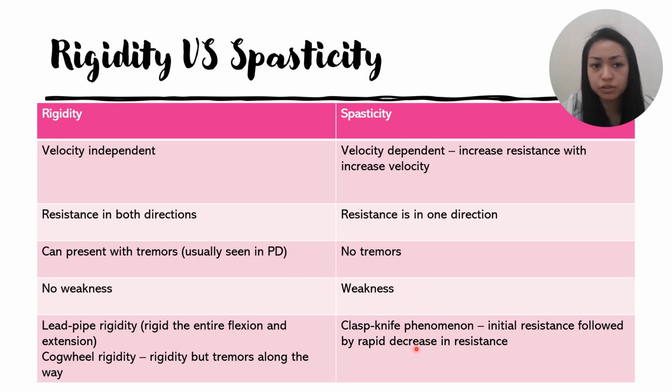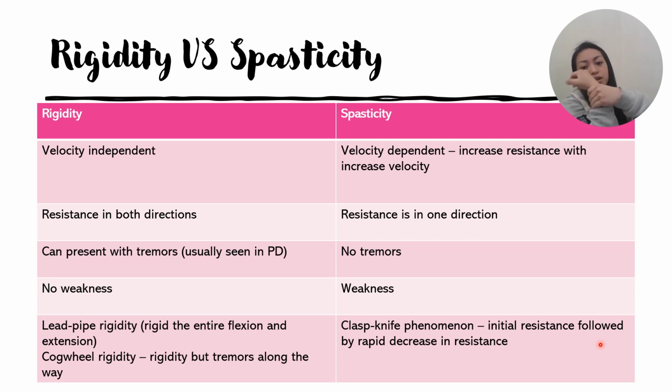Also, when we assess the resistance to movement, when we assess the tone for spasticity, we can appreciate this clasp knife phenomenon, which is when there's an initial resistance followed by a rapid decrease in resistance. So let me explain. For instance, I'm trying to extend someone's limb. If they have spasticity, there would be initial resistance.